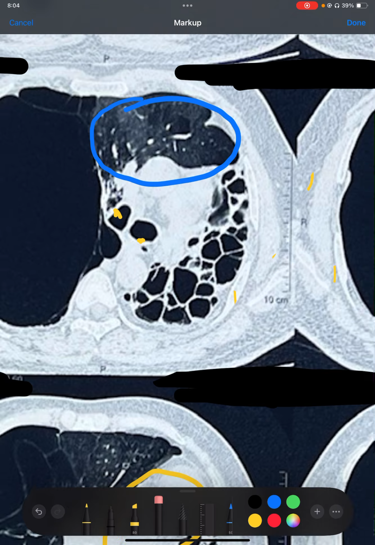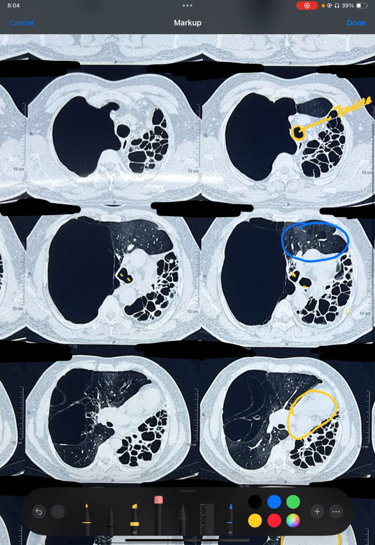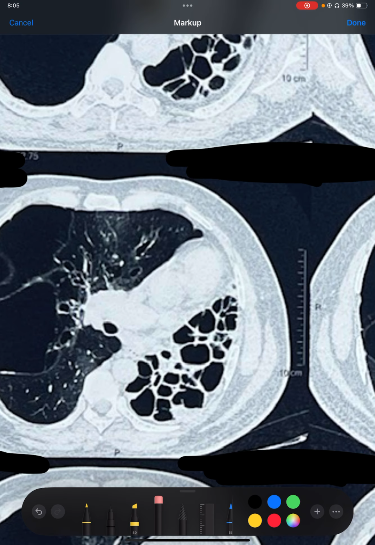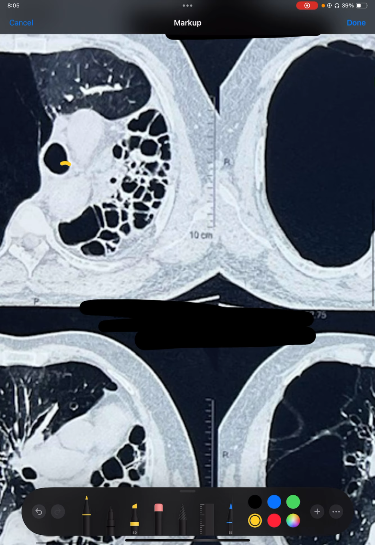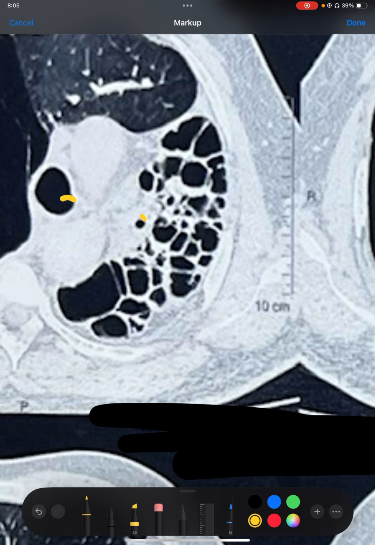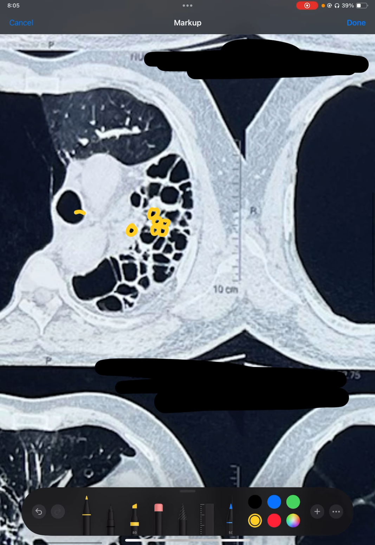Now, what we can see is along with these cystic lesions, we have bronchiectatic lesions in between also. So, what is bronchiectasis? It is an abnormal dilatation of the bronchi, which will be of significantly smaller size compared to the cystic lesions.